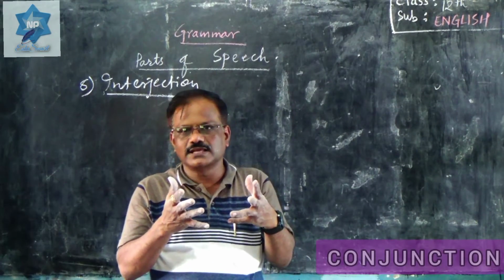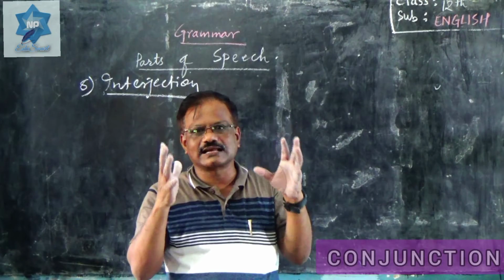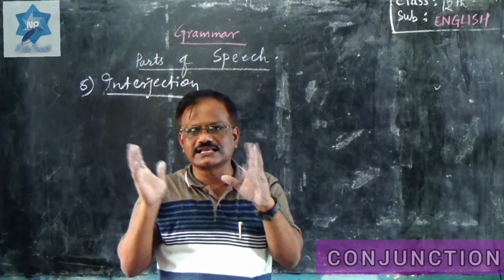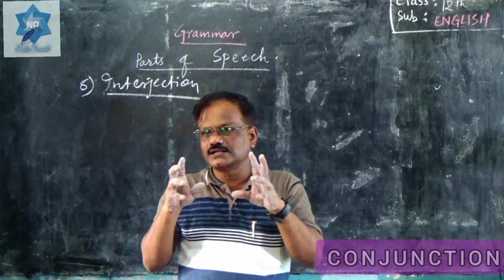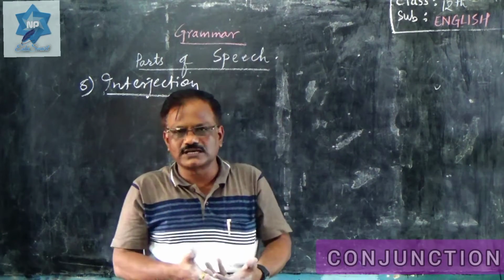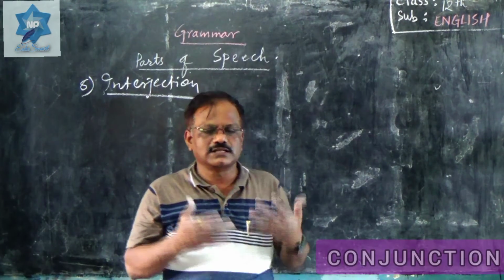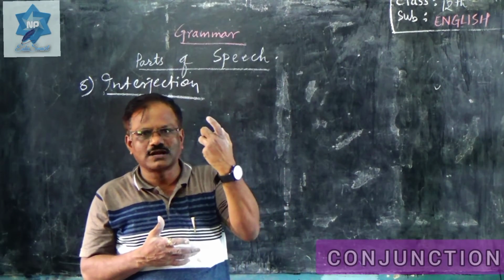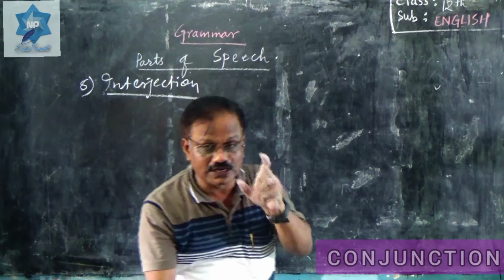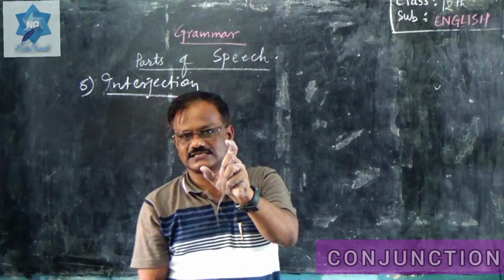At that time they form a sentence, and that kind of sentence can also be called an exclamation. Or when some sudden words are automatically uttered by our mouth, those words are known as interjections.